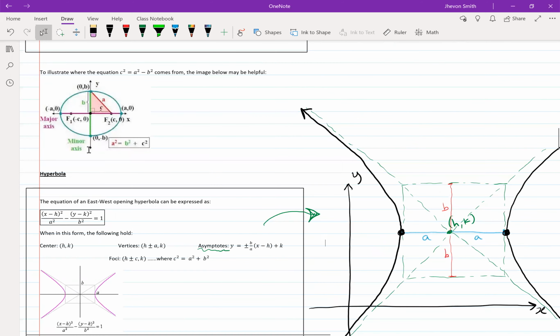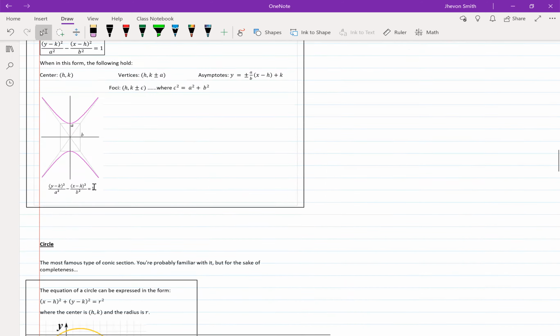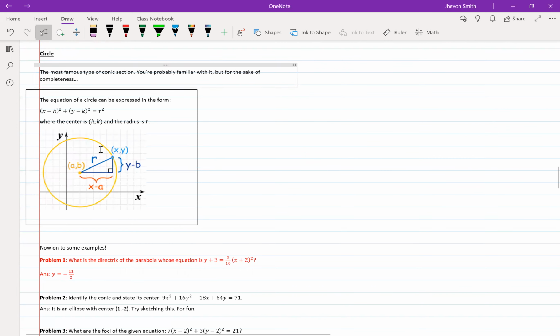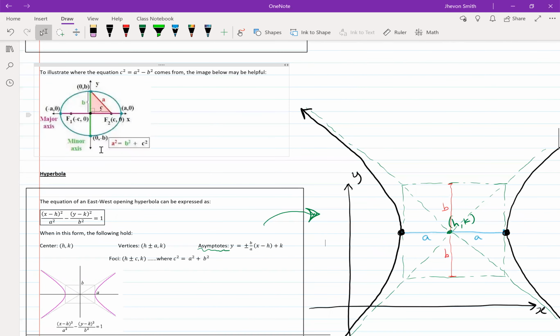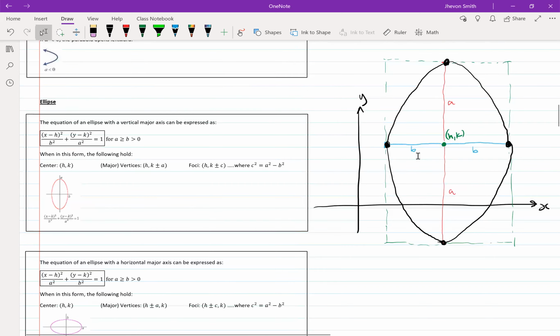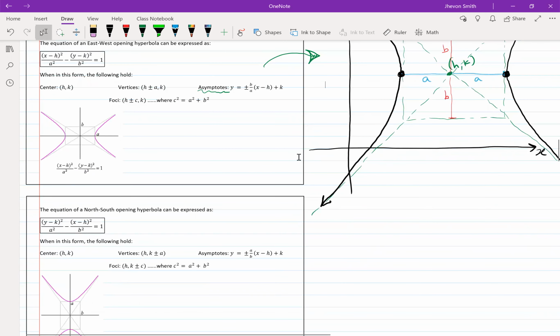Now, of course, I do expect you guys to know how to sketch circles and all that good stuff. So I probably won't ask you about that. But at any given time, I could ask you to sketch an ellipse or a hyperbola. The only other thing you need to do on top of this is to first figure out the center and all these numbers, because not always is the equation going to be given to you in this nice form.